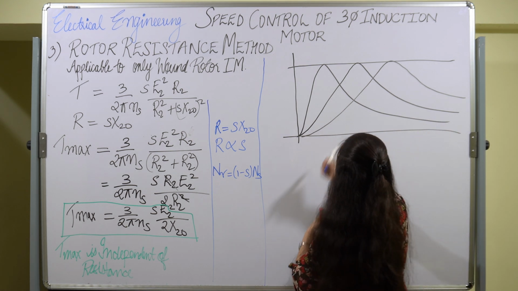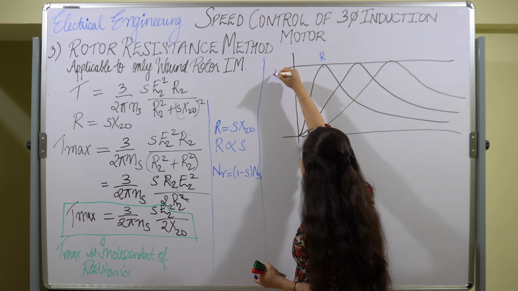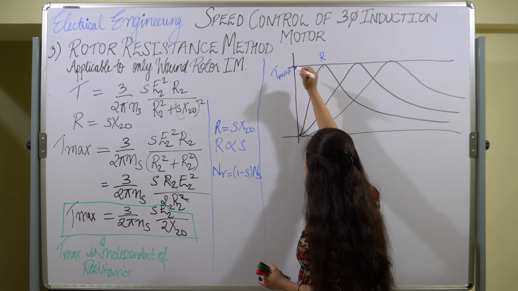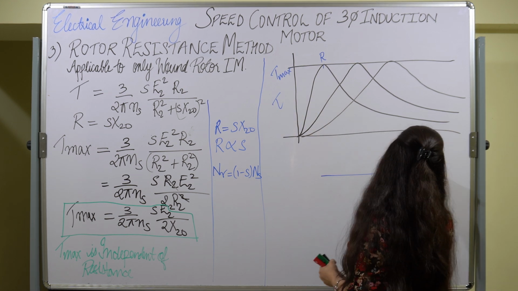When my resistance is R1, this is my torque and this is my slip.